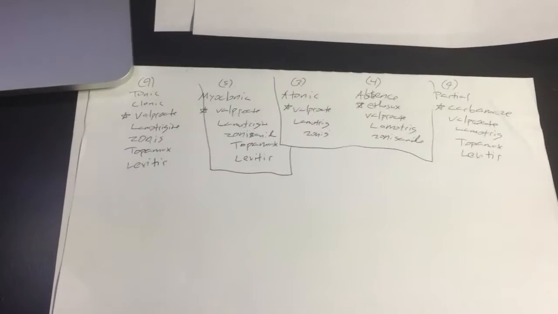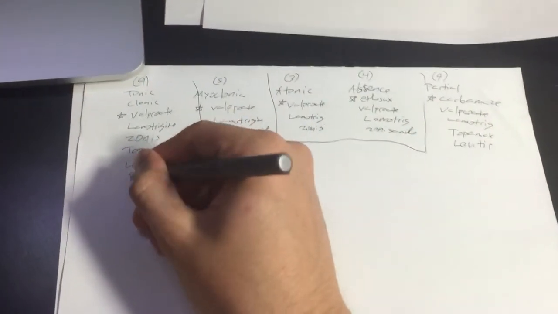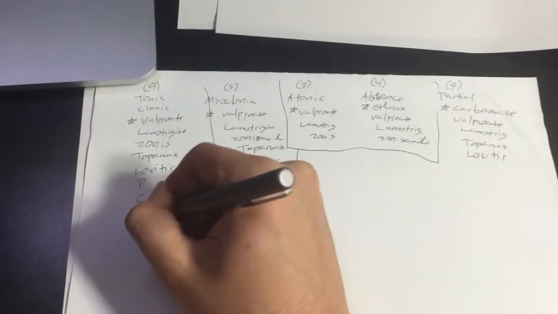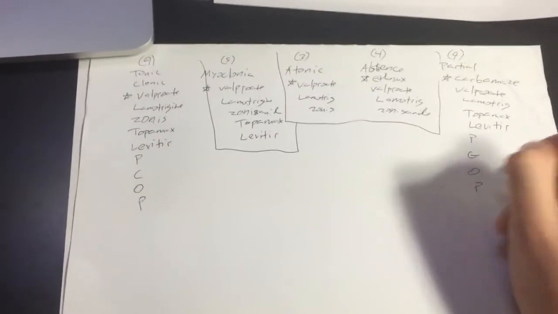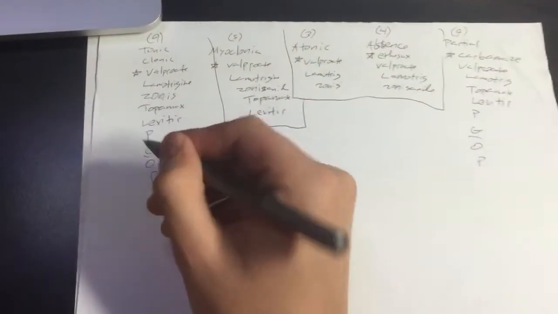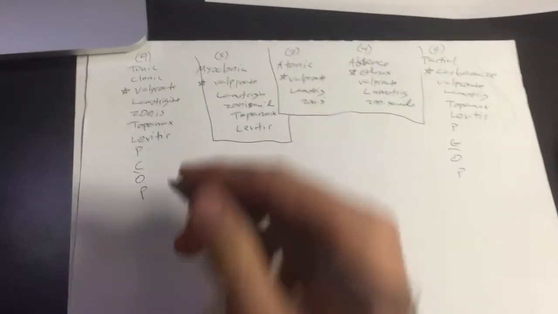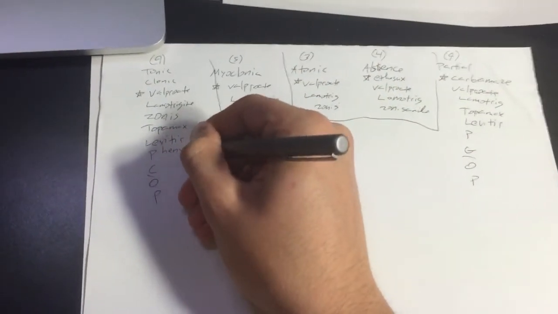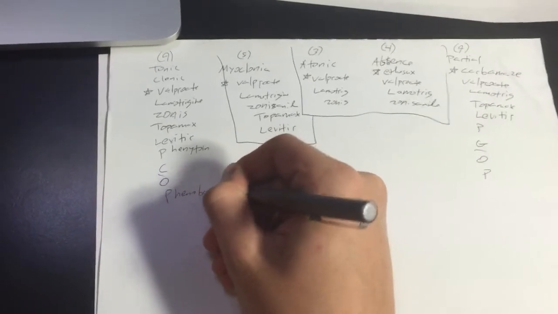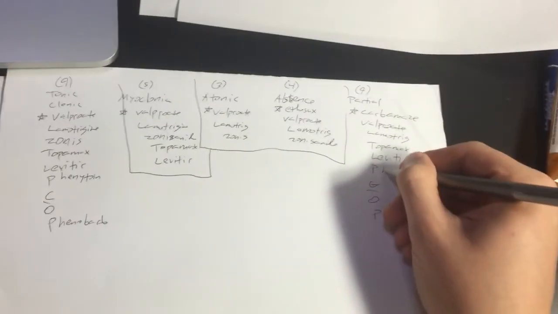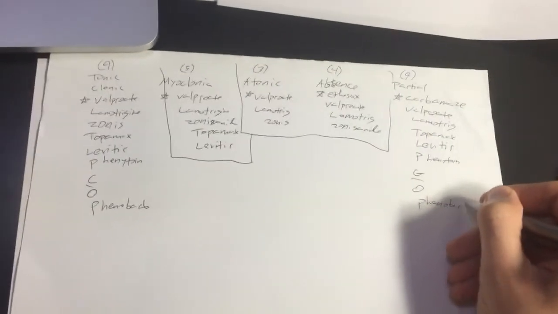So we need 4 more. And I think the easiest way for me to remember this is PCOP, so P-C-O-P, and PGOP, P-G-O-P. So just notice the difference between the C and the G there. So both of these, all 4 of these are pretty much the same, so it's phenytoin and phenobarb, phenytoin, phenobarb.